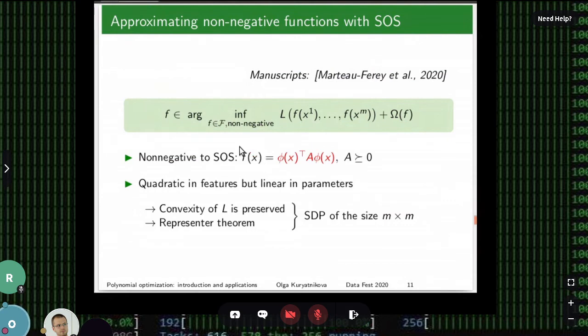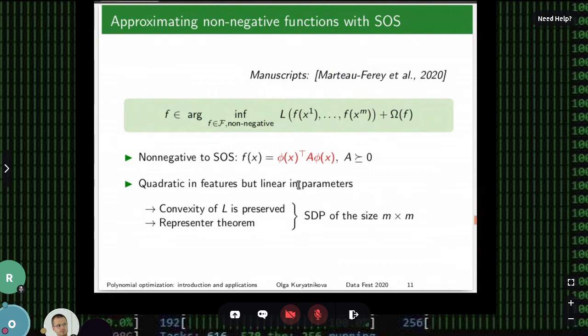And the second thing is that if we use these type of functions, we still have a representer theorem, which means that our optimal function can be written as a sum of some basis functions multiplied by some coefficients. And these basis functions and coefficients, this whole thing, basically looks like some SDP matrix multiplied by something. And this SDP matrix becomes our unknown.